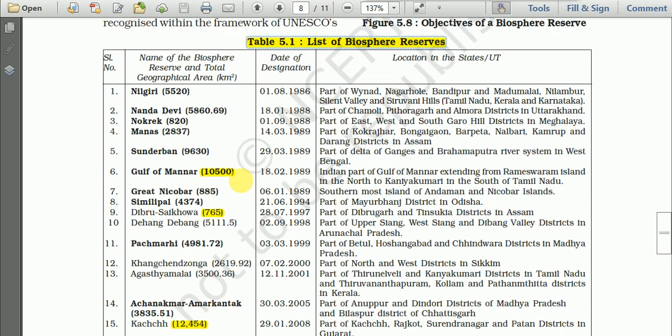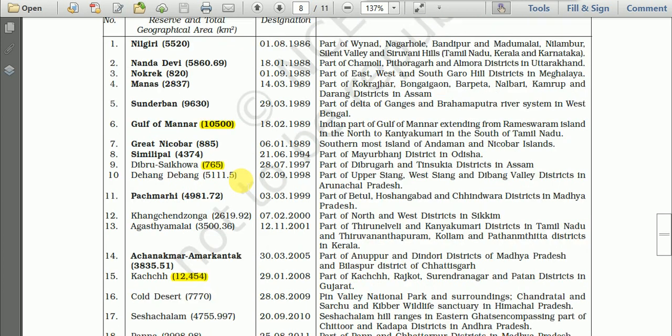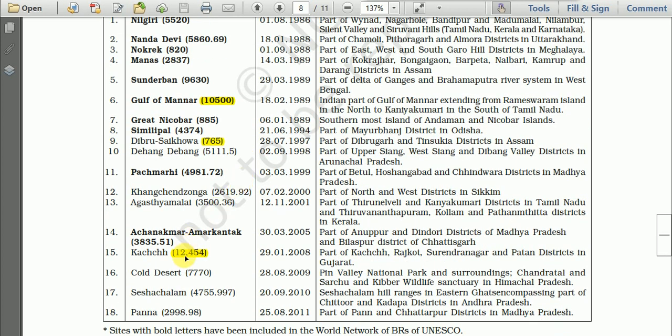If we observe this table very carefully, then we find that the Kutch Biosphere Reserve is the largest one. Its area is 12,454 square kilometer. The location is part of Kutch, Rajkot, Surendranagar, Patan districts in Gujarat.